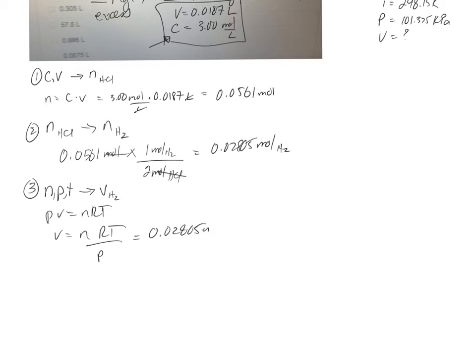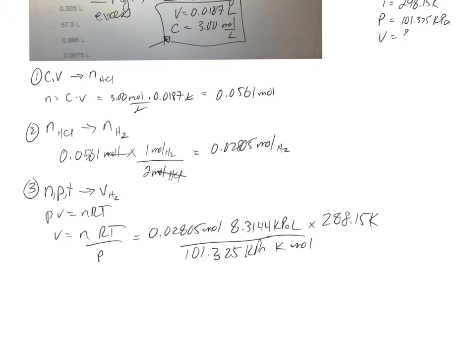The R value is 8.314 kilopascal liters per Kelvin mole. The temperature is 298.15 Kelvin, and the pressure is 101.325 kilopascals. So the kilopascals cancel, the kelvins cancel, and the moles cancel.